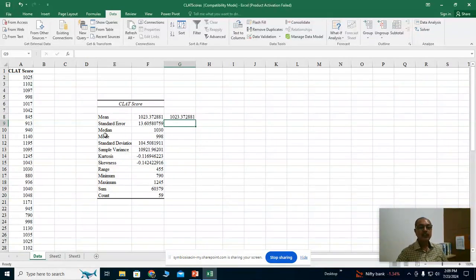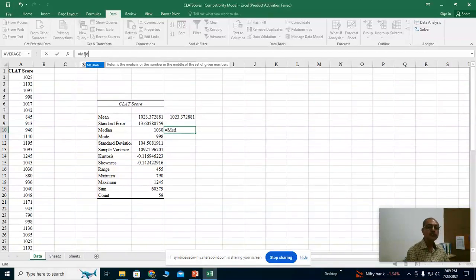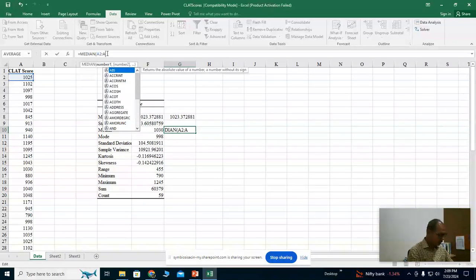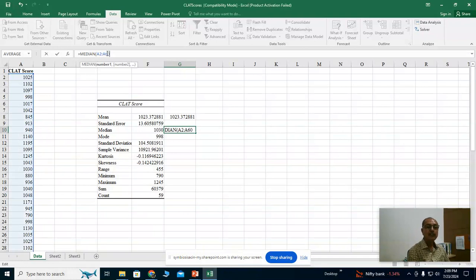Now if you want to calculate the median value, come here, put the equal sign again, and just write median here, and you can see the median is coming. Select this one, and then again you need to provide the data where it is located, A2 to A60.